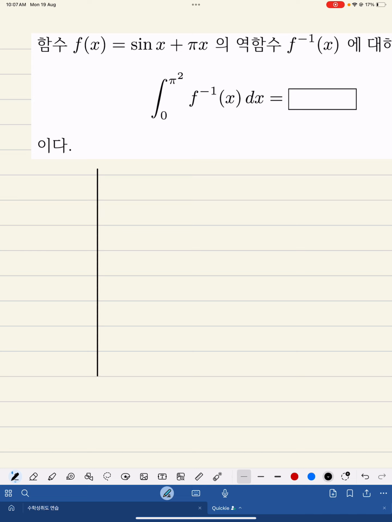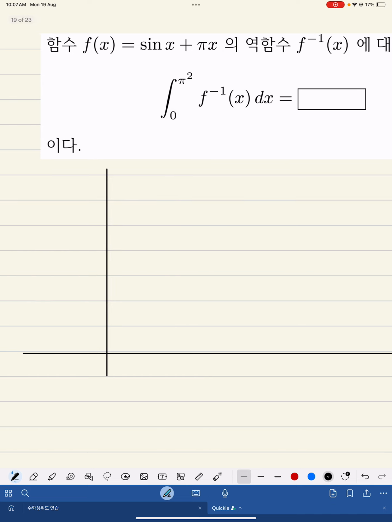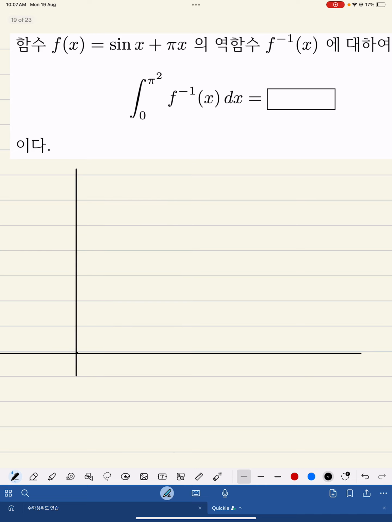So if we drew a graph of f of x, we know that it's sine x plus pi x, so we know that it's an increasing function, something like this, right?